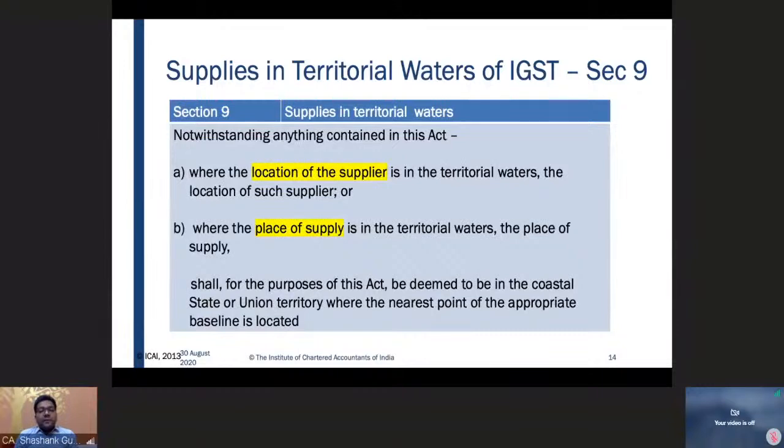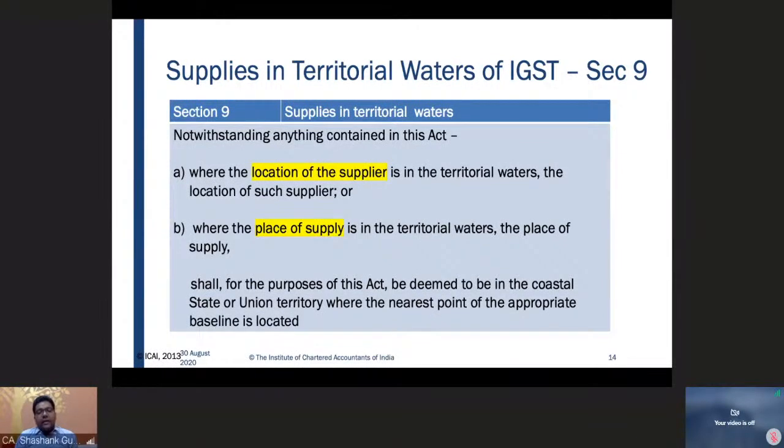So you may be living in Chennai or Kanyakumari and you say, while I reside there, my home is there, but my office is in the territorial waters. Okay? So they say, gentlemen, doesn't matter. Which coastline is applicable here? In Chennai, it will be Tamil Nadu. In Kanyakumari, it will be that respective state.